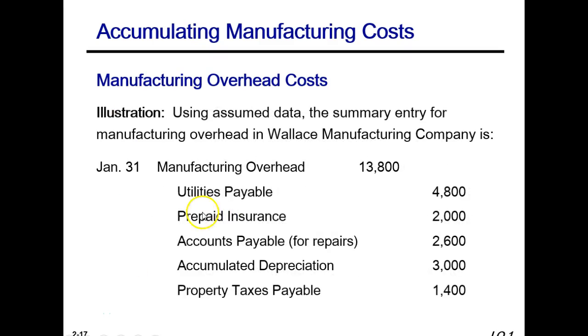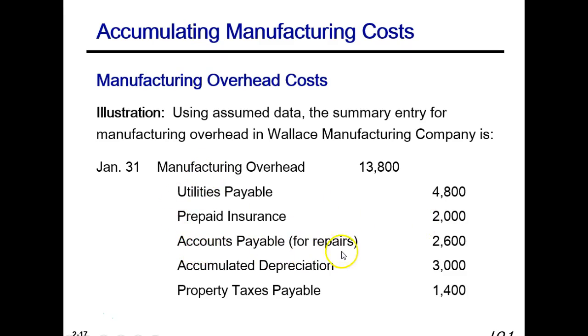So here we have, using assumed data, the summary entry for the manufacturing overhead in Wallace Manufacturing Company. It is going to be a debit to this inventory account called manufacturing overhead of $13,800. We credit utilities payable of $4,800. We had some prepaid insurance we've used up, so that's why we're crediting our asset prepaid insurance, because it's going over to manufacturing overhead.